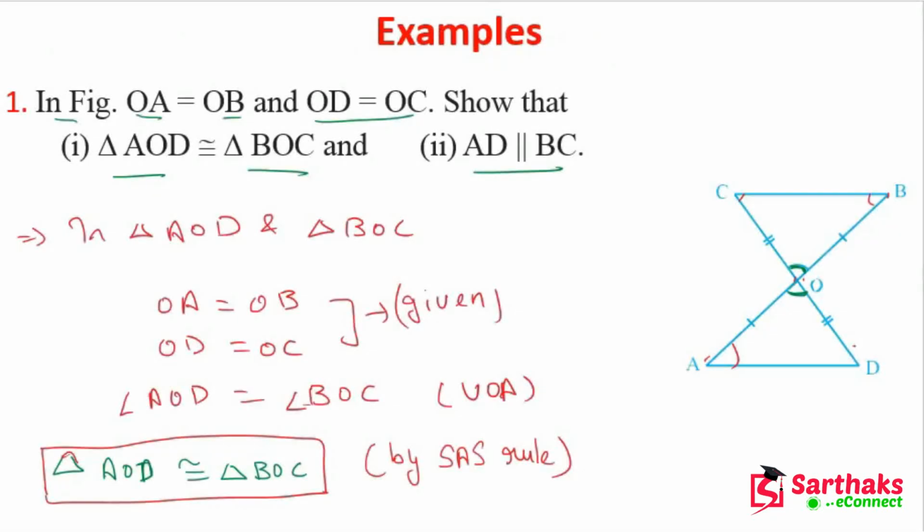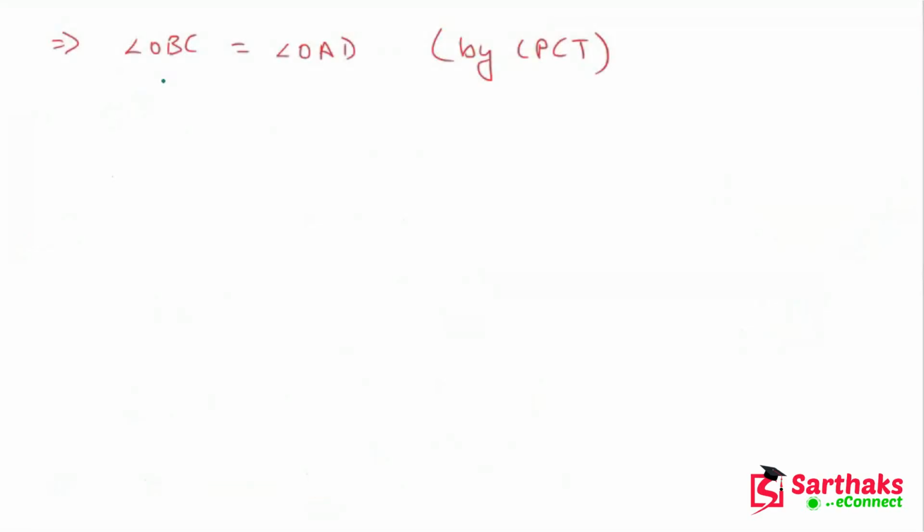Now if you observe, these angles are alternate interior angles. If alternate interior angles are equal, then BC is parallel to AD, and AB is the transversal. They are equal and they are alternate interior angles.